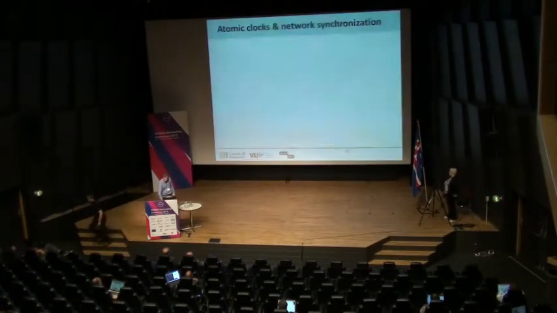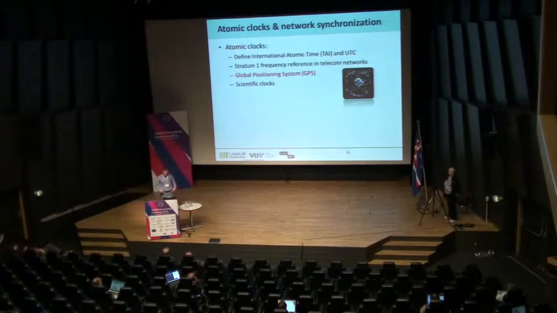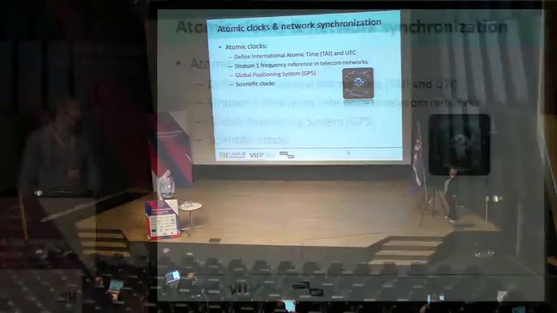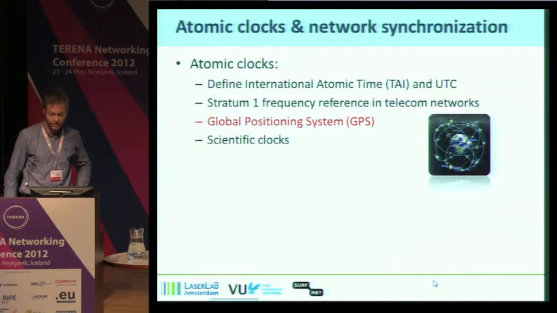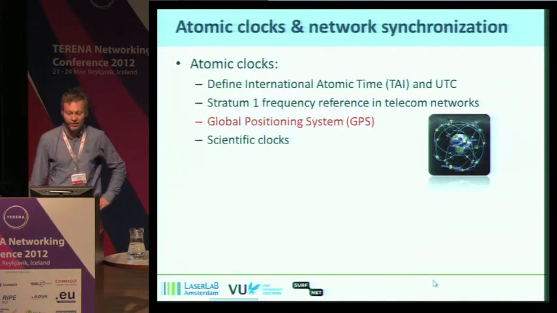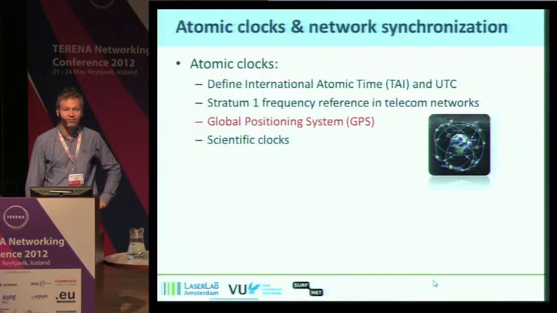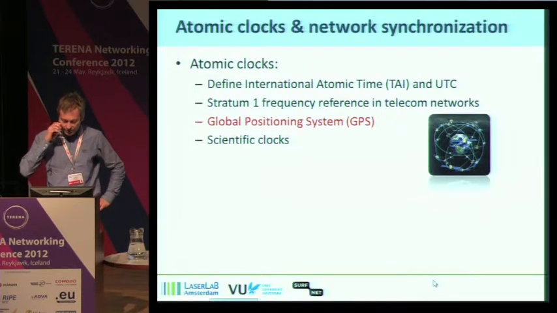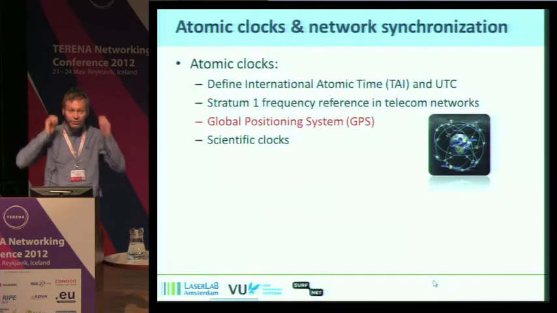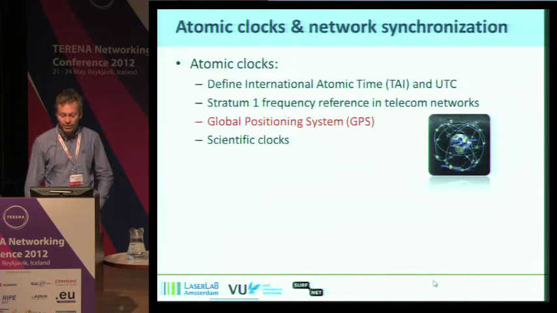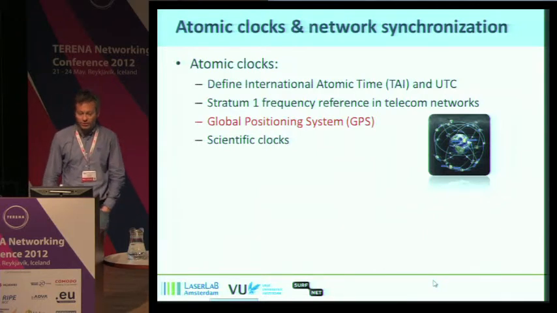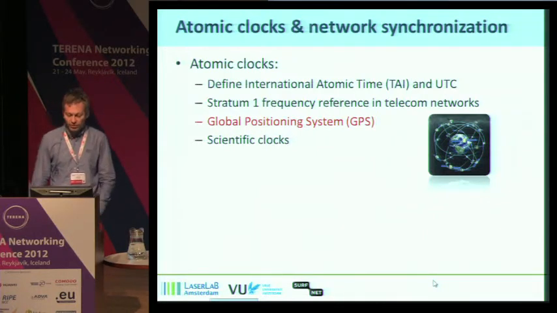So what I will be talking about is partly about atomic clocks and the role that they play in network synchronization. Atomic clocks are maybe best known for defining the International Atomic Time, and in relation to that, Coordinated Universal Time, UTC. They're also used as Stratum 1 frequency references in telecom networks.